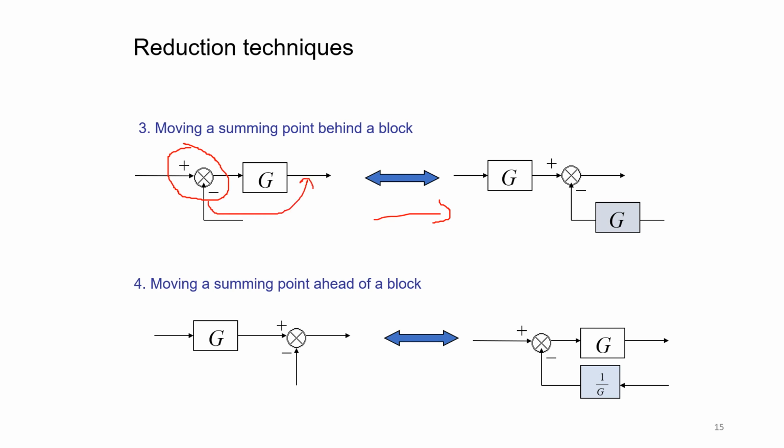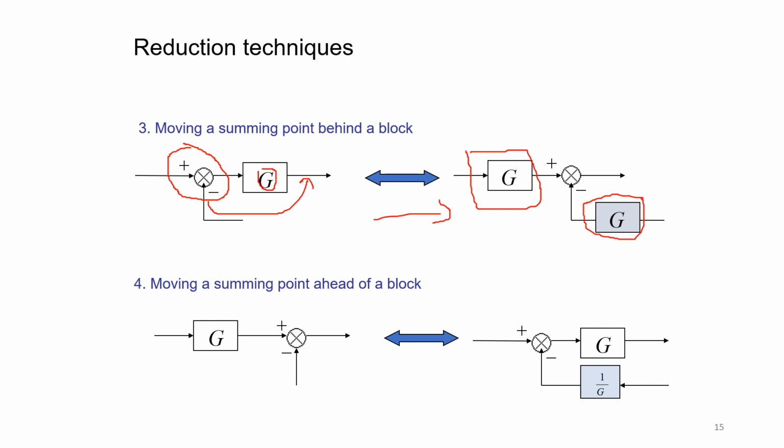You have to include one branch with a gain equal to G. Whatever gain you have here, the same thing should be taken, and you have to include one block like this, and then shift. So this is about moving a summing point behind a particular block. There was a summing point before your block G, and I have moved it here after the block G. Then this branch will get multiplied with the gain G.